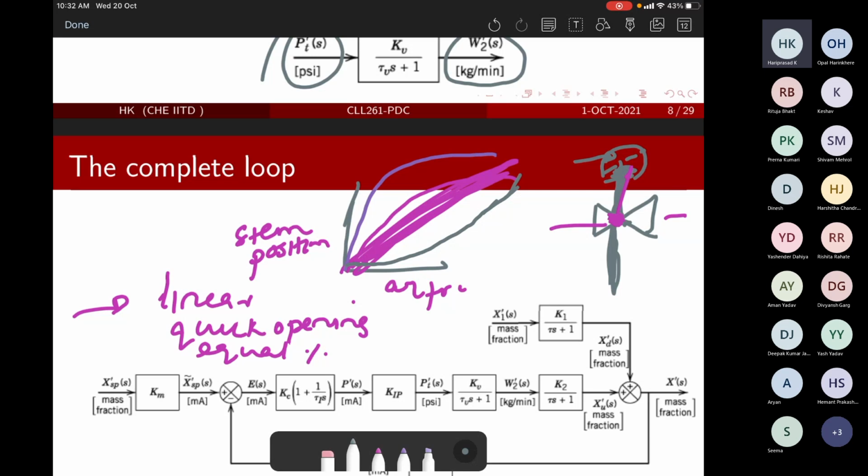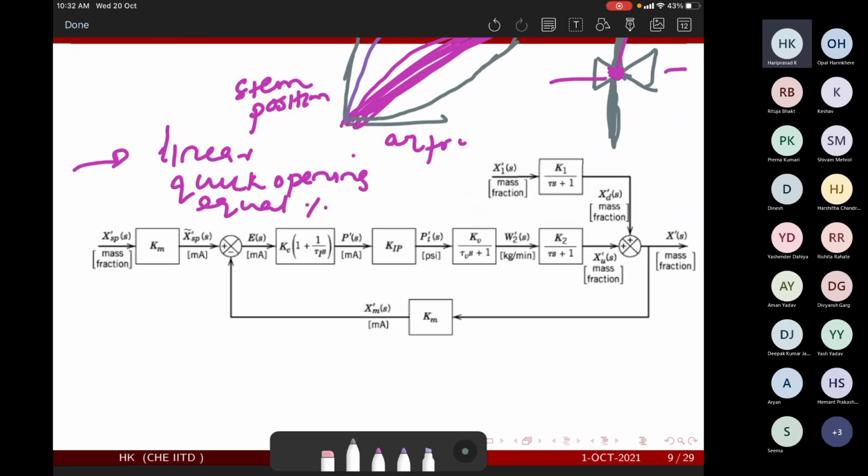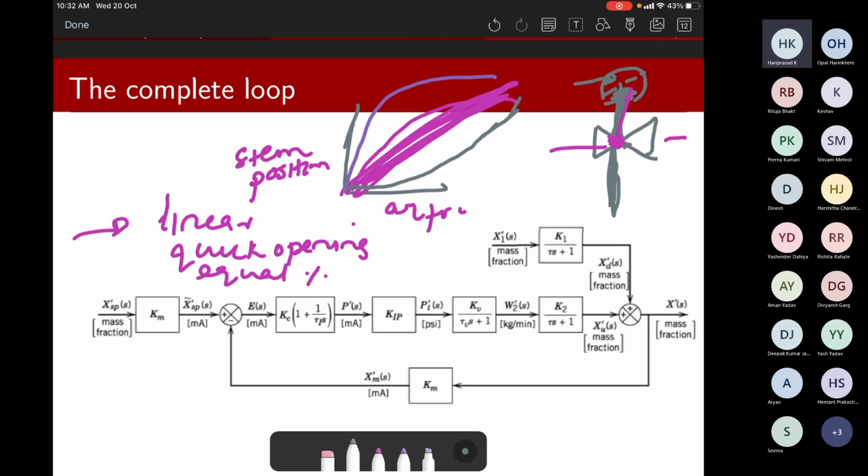How do you decide? It is a properly industrial oriented decision in the sense that if you don't have any bias, so if your airflow and stem position has to be linearly operated, you have to buy a linear valve. But if you need to have very fast response, let's say if you are working with a safety critical application where your response has to be very fast, then you will possibly have to buy a quick opening valve, and the other way around if you want a slower response.